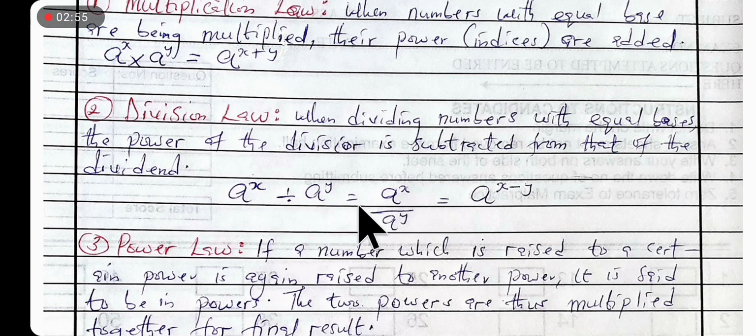All over means divide. So the base is the same, pick one of the bases, then subtract the powers: x minus y. Under multiplication you add, but under division you subtract.